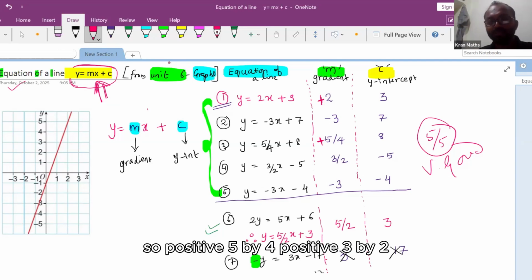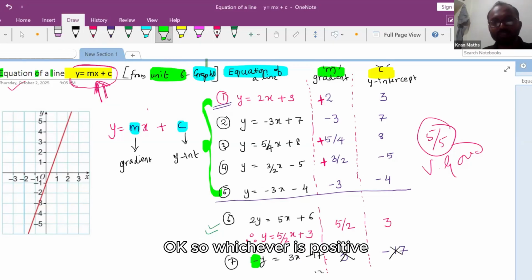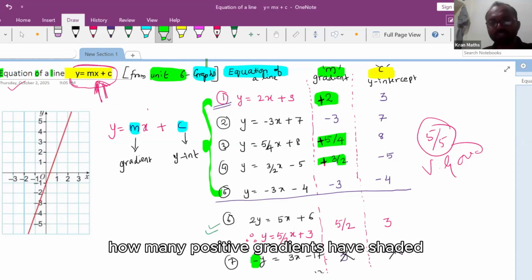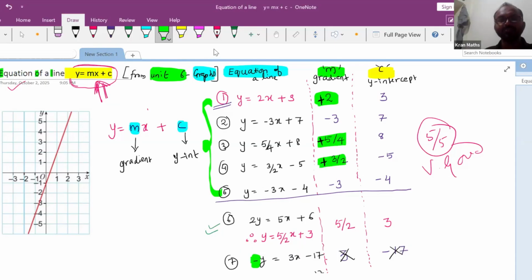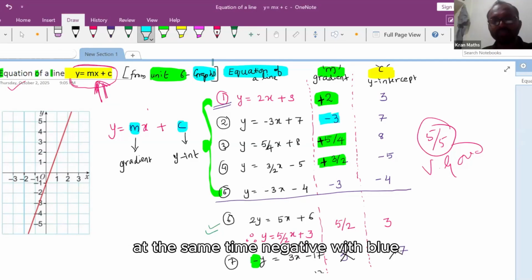So positive 5 by 4, positive 3 by 2. Whichever is positive, let me highlight in green. How many positive gradients have I shaded? 3. At the same time, negative with blue.